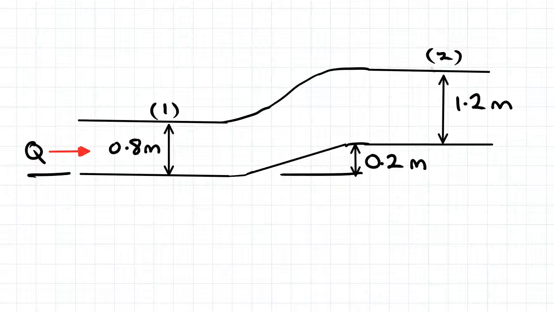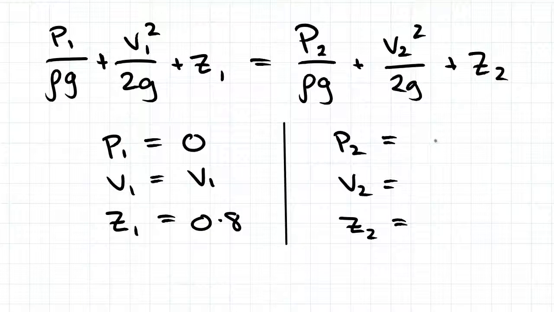For point 2, our pressure is also 0, our velocity is unknown, we're going to call that V2, and our height Z2 is 1.4. Remember, it's at the bottom of this part of the riverbed, so that will be 0.2 plus 1.2. So 0, V2, and 1.4.